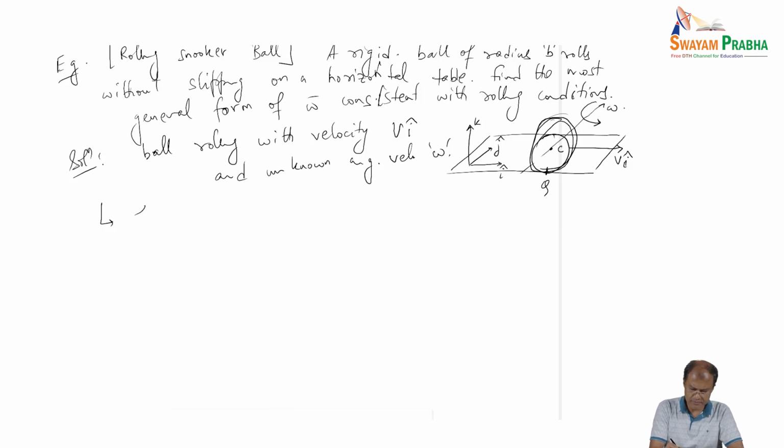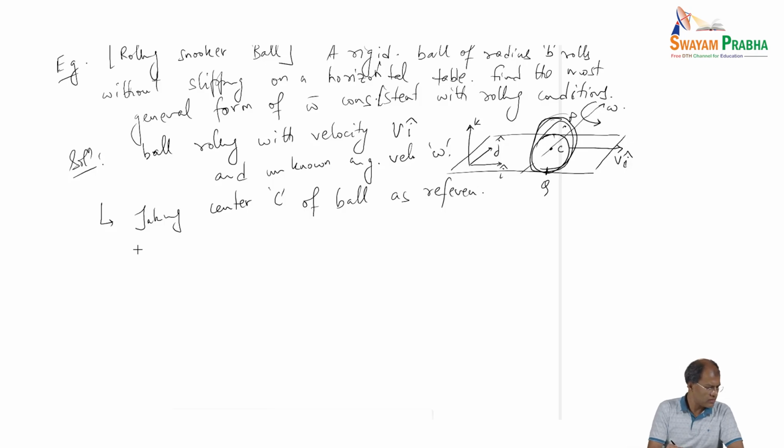We take the center C of the ball as reference, and with this reference we can write down the velocity of any particle P on the ball. Let's say we have P on the ball.